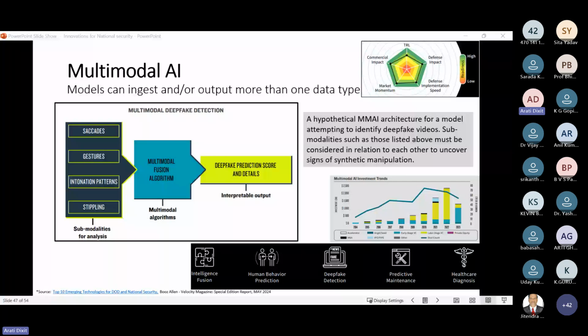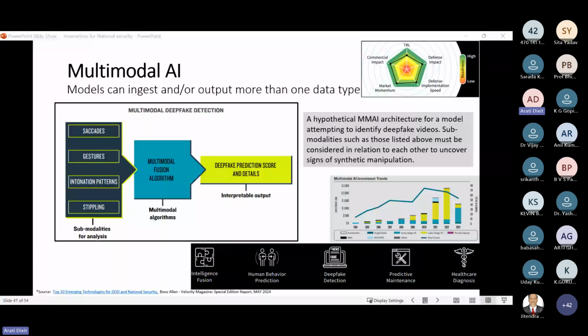This is an example given for multimodal deepfake detection, as you see on the screen here, with the different modalities that can be used for analysis. This is a hypothetical model, and submodalities such as those listed above must be considered in relation to each other to uncover the signs of synthetic manipulation. So this also is an upcoming area or technology of prime significance.